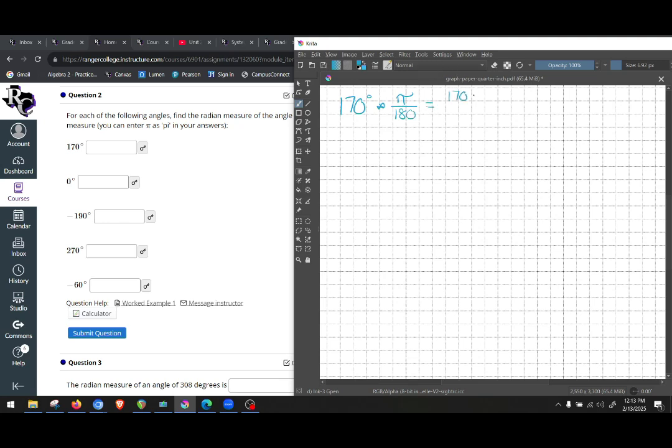That gets us 170 pi over 180, which reduces to 17 pi over 18.